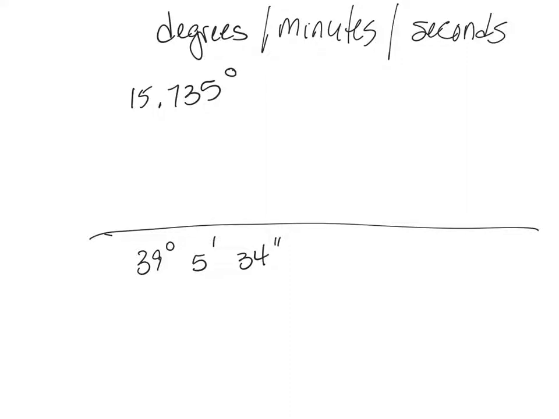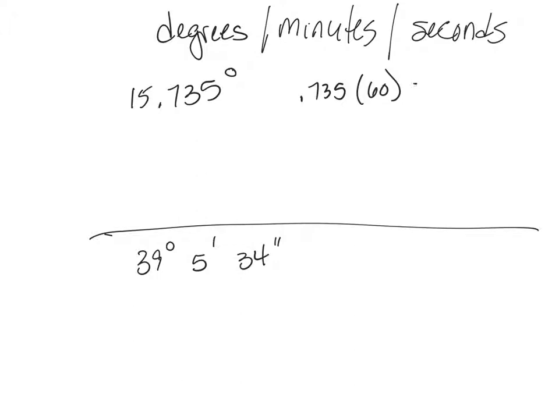All right, so 15.735. Going in this direction, changing it from decimal to degrees, minutes, and seconds is easier, I think, than the other direction because it makes sense to me. What you're going to do is take the decimal part, 0.735, and multiply it by 60.